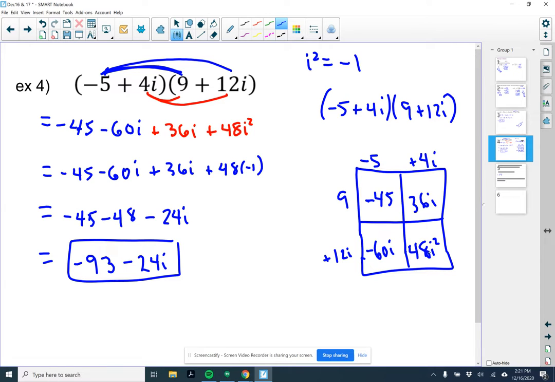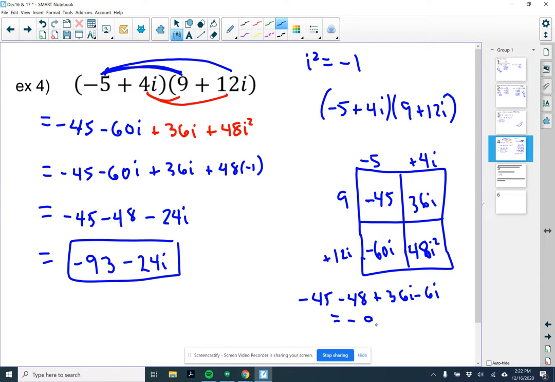And now this box method of multiplying, we add up the 4 things that are in the box. So we have -45. And then we'll have 48i squared, which is going to be 48 times -1, which is -48. So we'll put those two together. We have the 36i and the -60i that are going to add up.